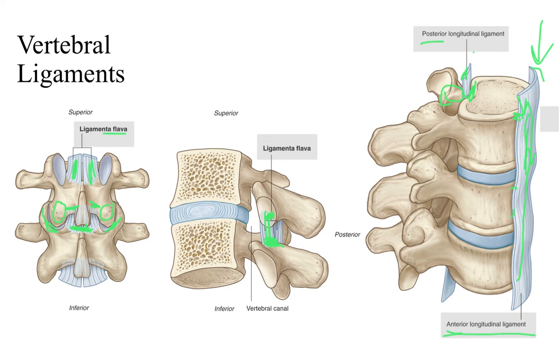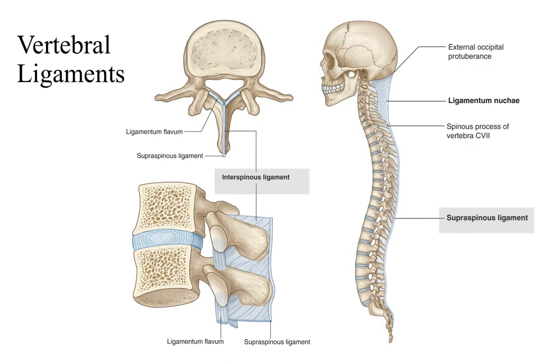All right, so these only allow you to bend your vertebral column so far so that you don't put pressure on the spinal cord. The next type of ligament is the interspinous ligament. Remember, inter means in between. So you're going to find this ligament, it looks like sewn in fibers of collagen between each spinous process of each vertebra.